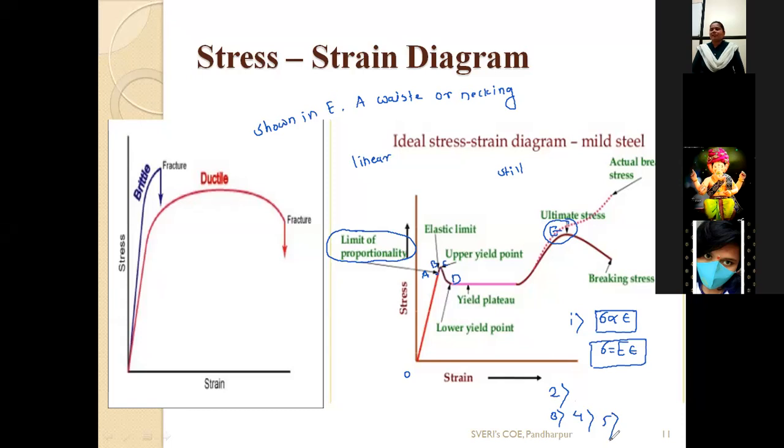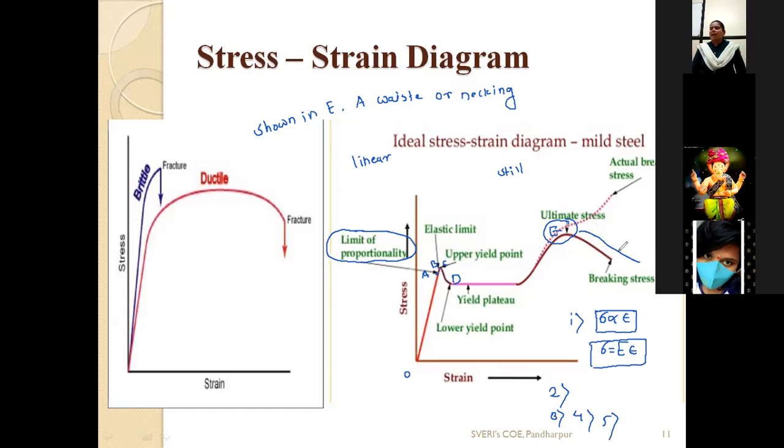As the extension is increased, the load required decreases. That means elongation increases. At that time, load carrying capacity will be reduced. म्हणजे त्या बारचं elongation जर जास्त झालं असेल तर त्यावेळी ऑटोमॅटिक त्याची लोड कॅरिंग कॅपॅसिटी कमी होणार आहे.